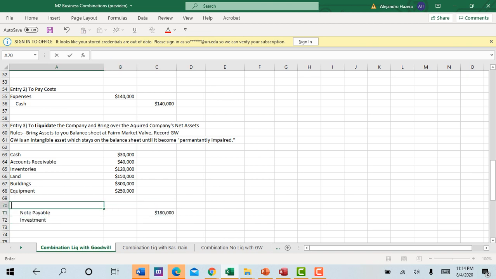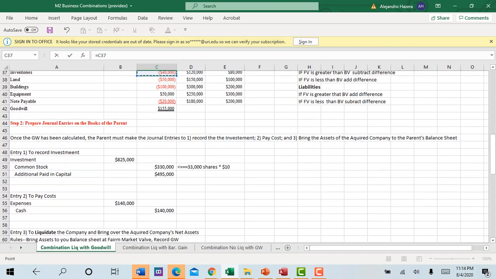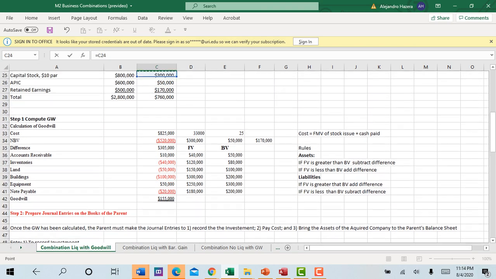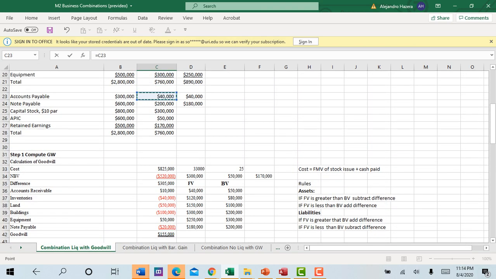I'm going to put accounts payable right here. Because even though it was equal, you're still buying it, and you have to value it at its fair market value. So the fair market value of accounts payable is equal to 40.